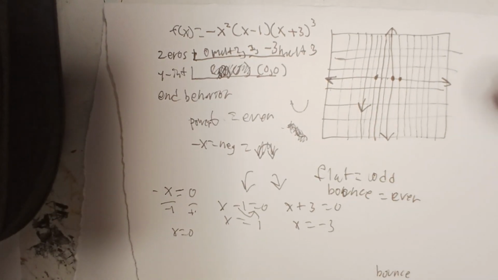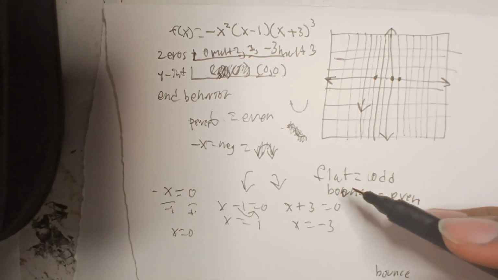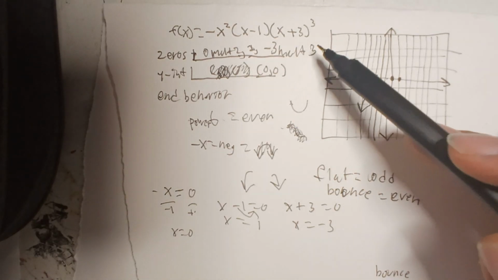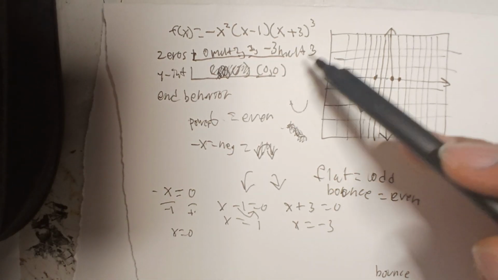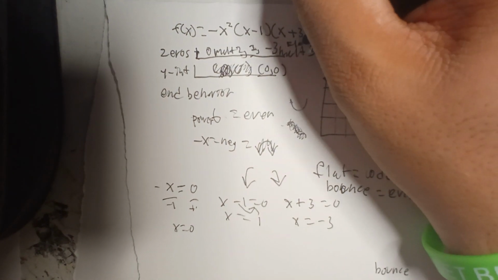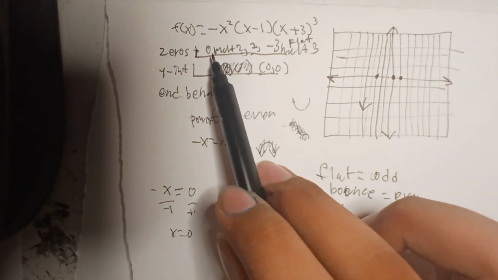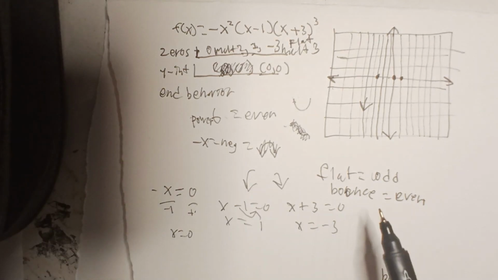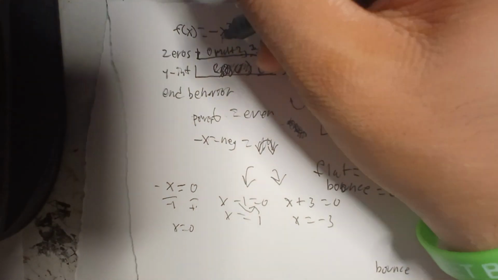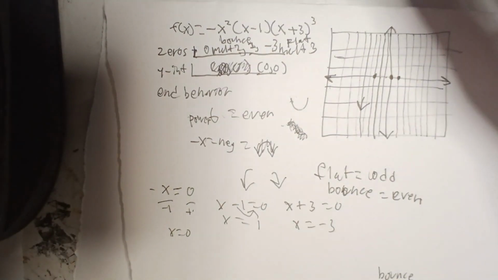Close enough. So since negative 3 has an odd multiplicity, it's going to flatten. So I'm just going to add flatten right there. And because 0 has a multiplicity of 2, that means it's even, which means it bounces. Boing, bounce.